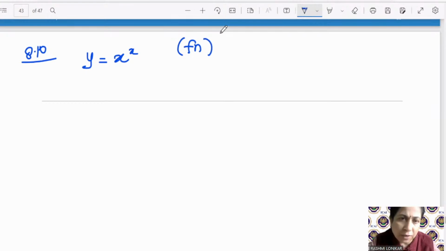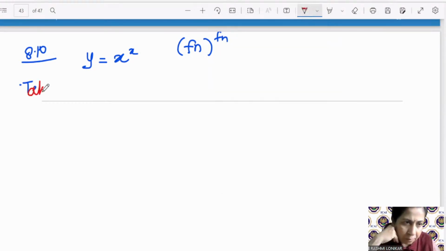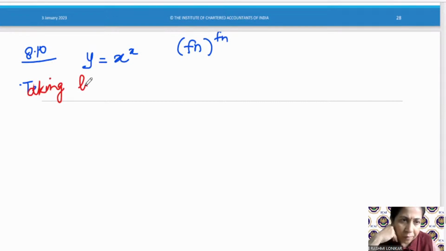This is of the type function raised to function form. Whenever you have such a complicated thing, it is easier by taking logs on both sides.